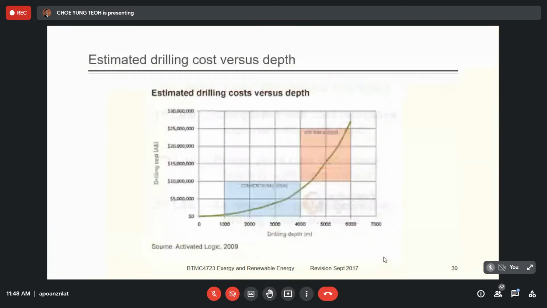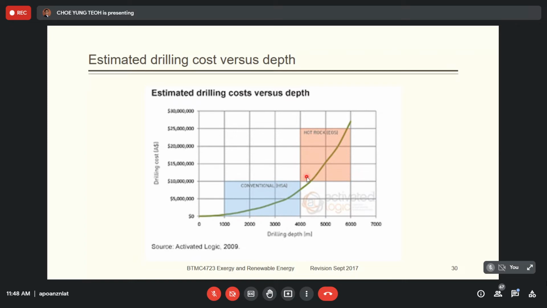Okay, and these are the estimated drilling cost versus depth. You can see that it actually increases exponentially. Okay, so here is the hot rock. You see that for hot rock, normally you need to drill deeper. Conventionally, hydrothermal is all here.